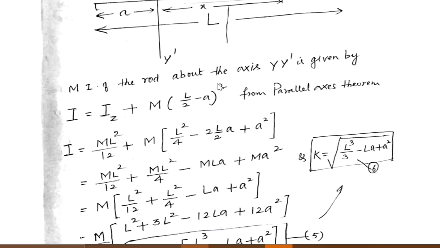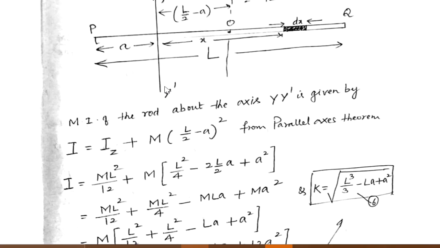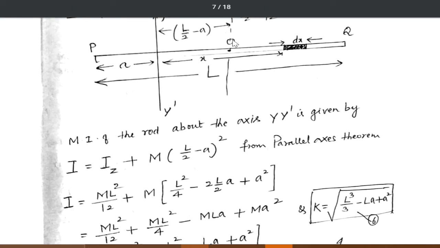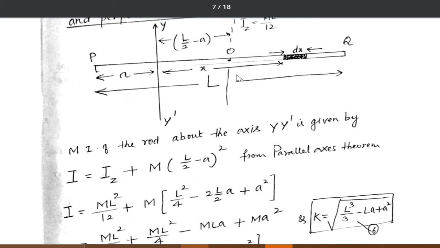So the moment of inertia of the rod about the axis yy dash is given by I is equal to Iz plus m into L by 2 minus a whole square. So here I have considered this dotted line as the z-axis.